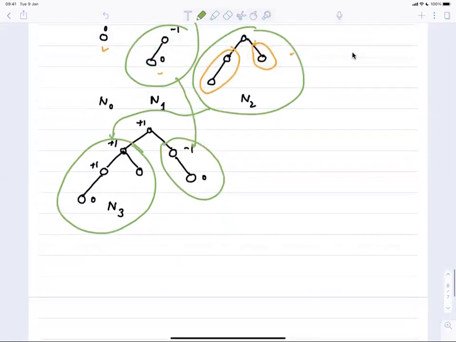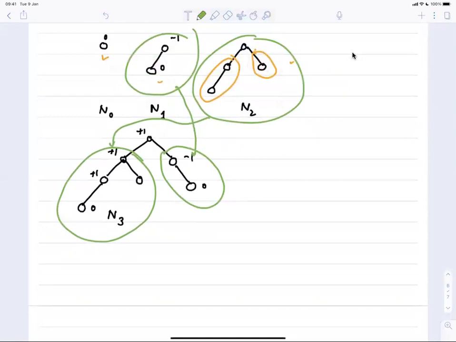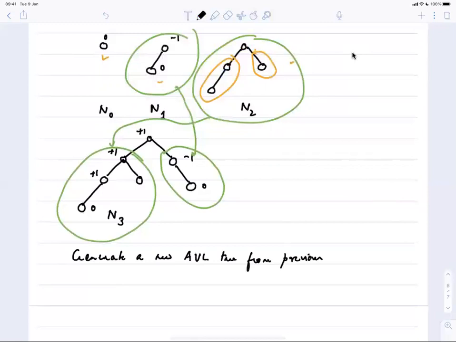So it's interesting that we can generate a new AVL tree of height h plus 1 from previous trees of height h and h minus 1.